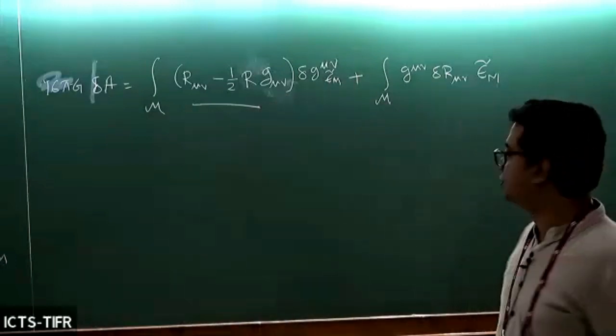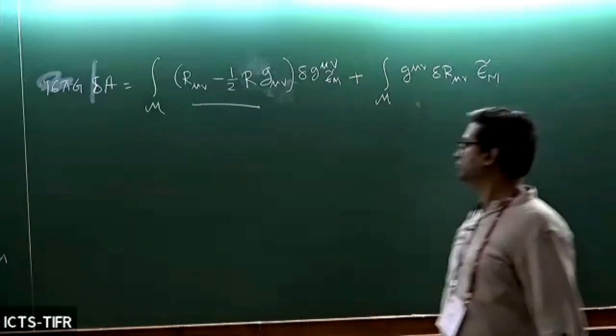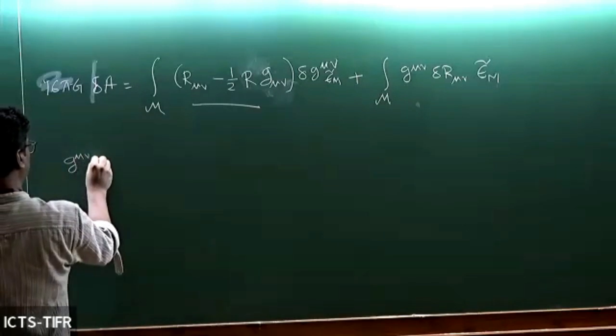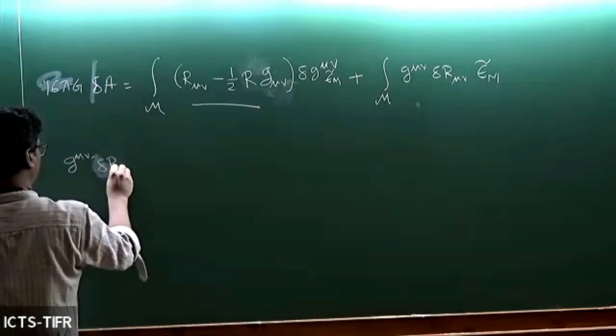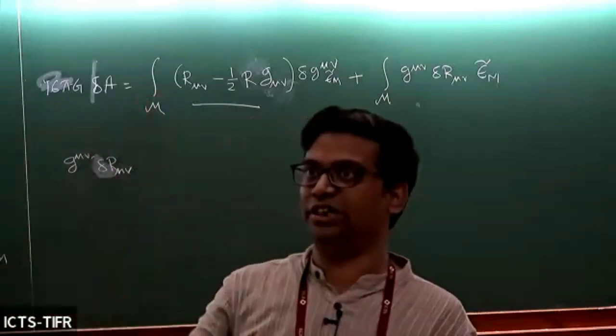So let us understand the structure of this term. This is g mu nu delta R mu nu. The best way to calculate this: R mu nu contains gamma gamma and del gamma, right? You go to a local inertial frame so that you can throw away those gammas, and then you calculate the variation in a local inertial frame.